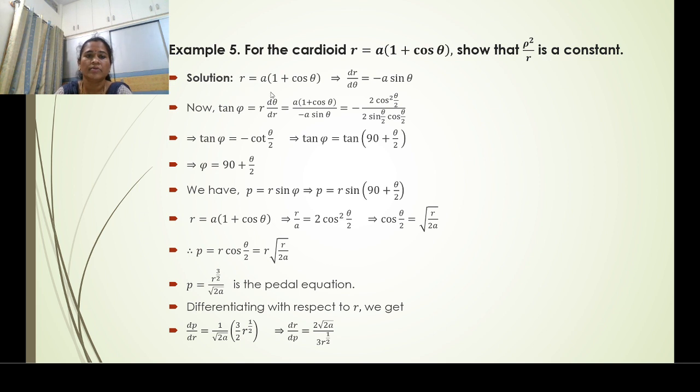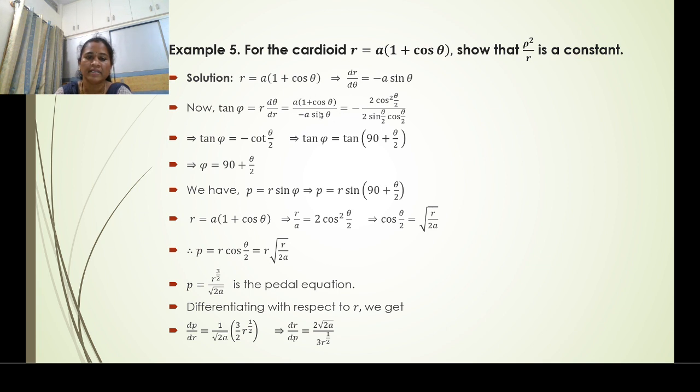Here r is equal to a into 1 plus cos theta. Then dr by d theta, the differentiation of the cardioid equation, is minus a sin theta. Then tan psi is equal to r d theta by dr. What is r here? A into 1 plus cos theta, into d theta by dr, but here dr by d theta comes to the denominator, minus a sin theta.